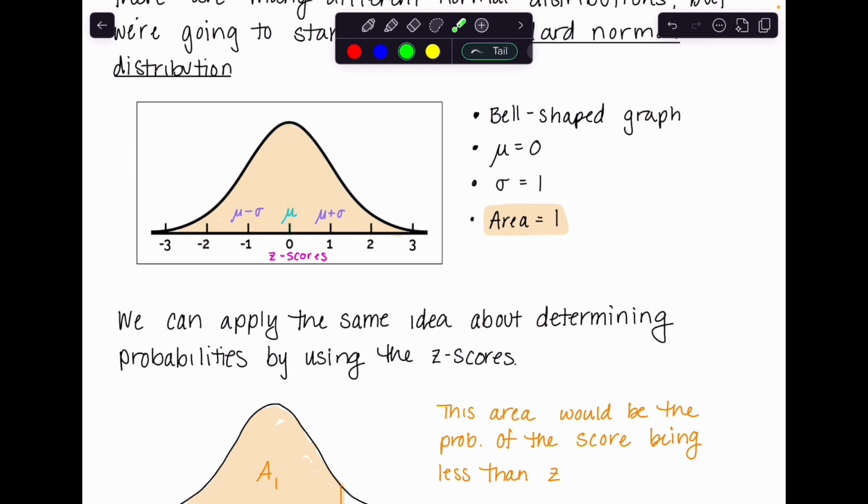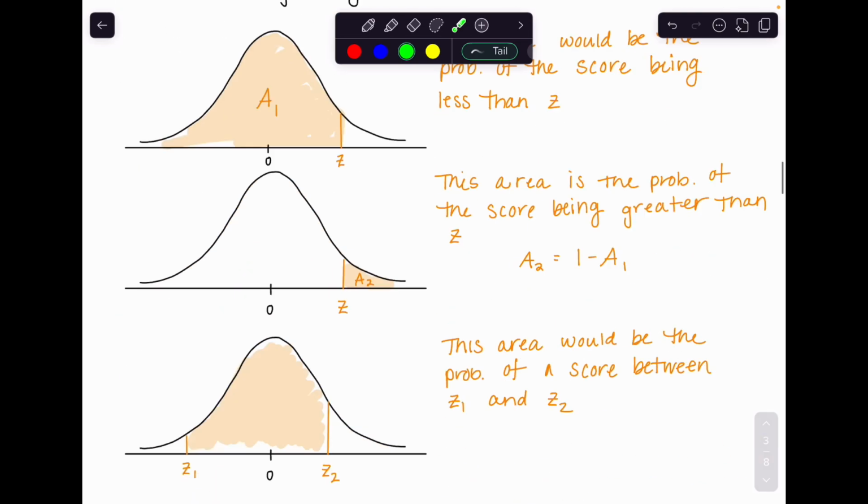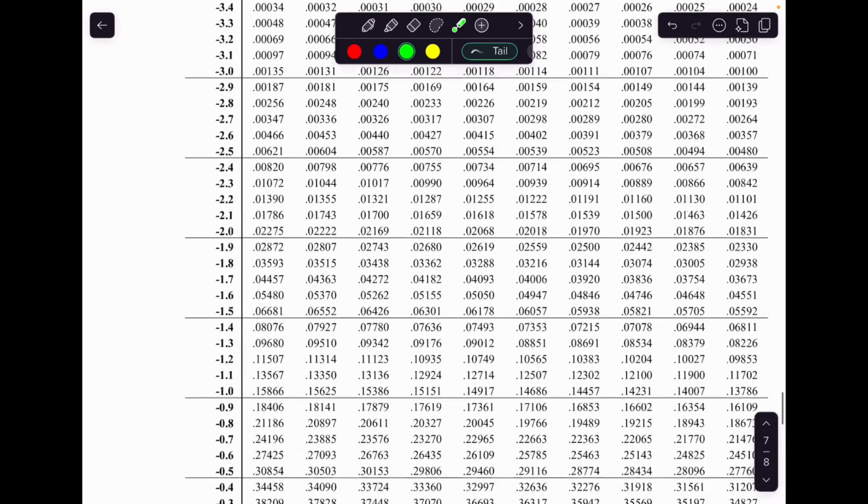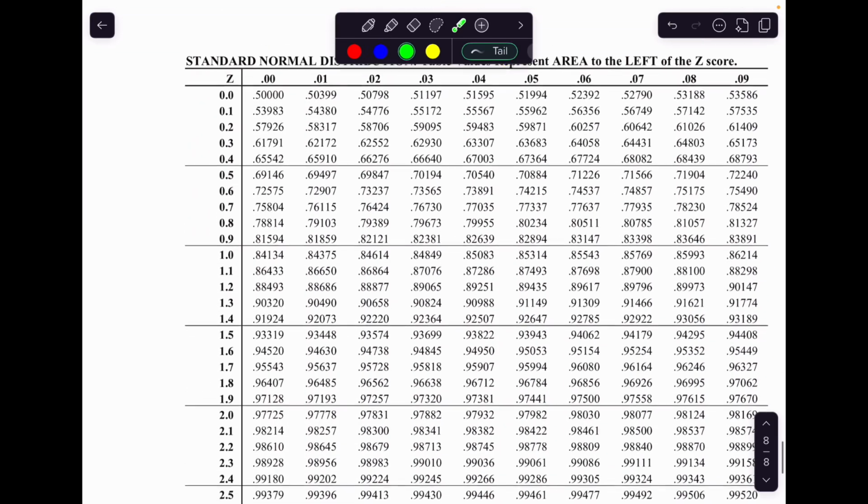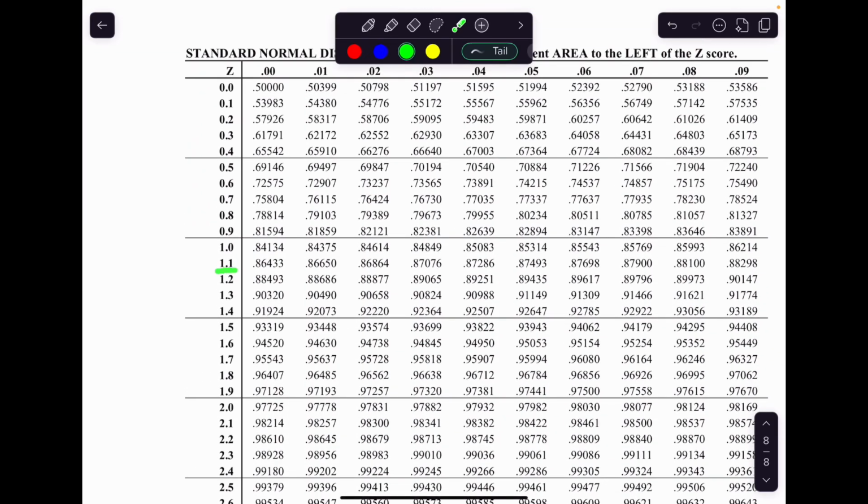If I want a z-score of, say, 1.17, scrolling all the way back down, I would have to go to 1.1 and then over to 0.7. And so I go across and I go down, and this tells me the area to the left of 1.17.